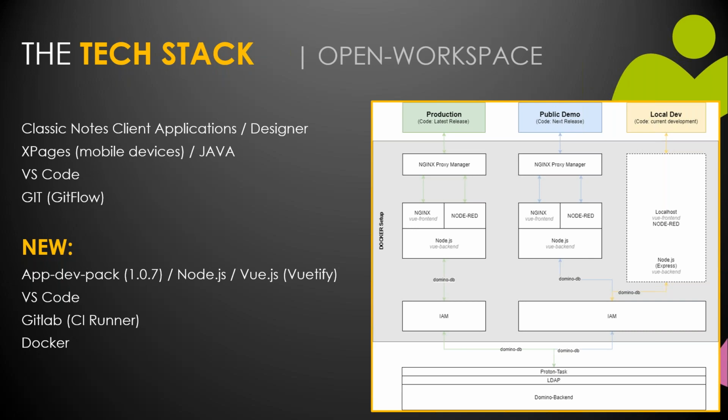The new tech stack is completely different, so it's more automated. My team is working on their local machines, but we have a completely public demo available, which is always with the next code drop, and we have a production environment with the latest release code.